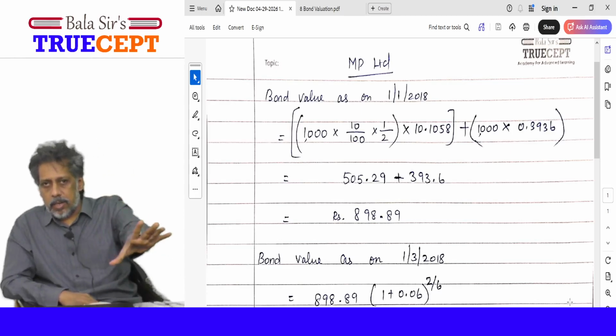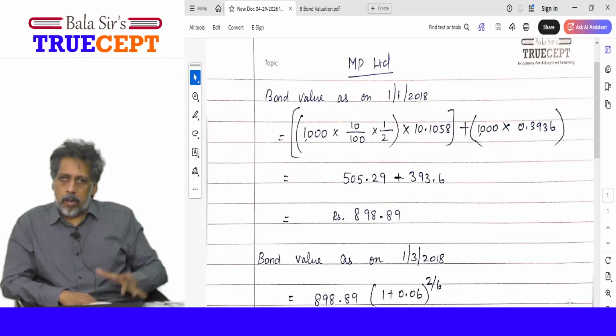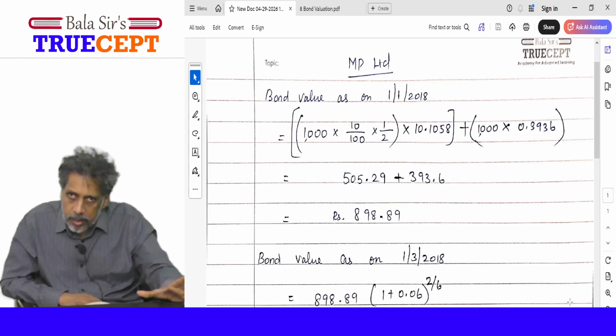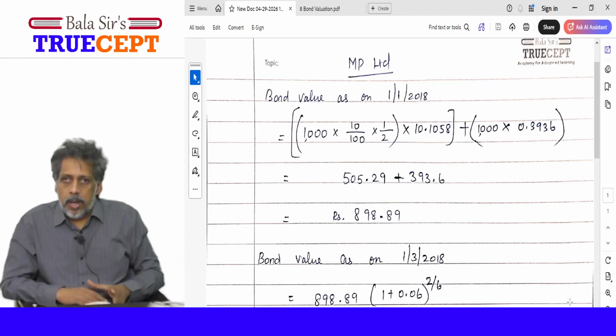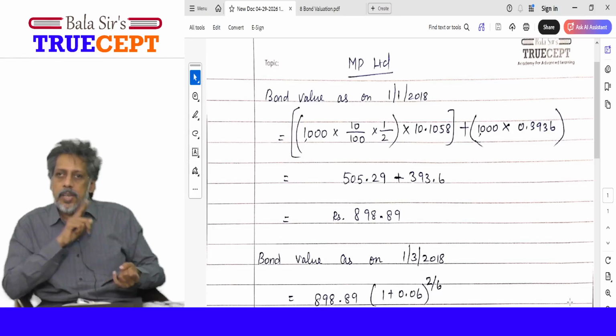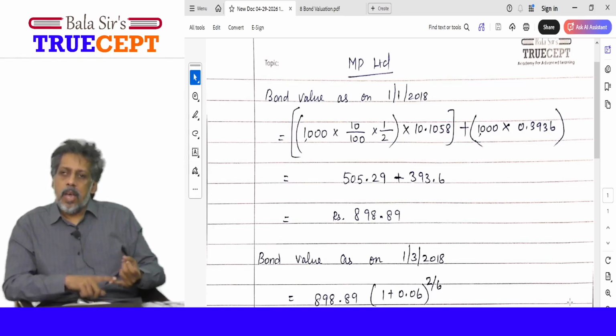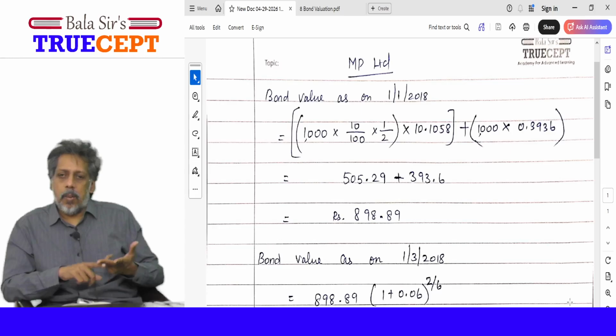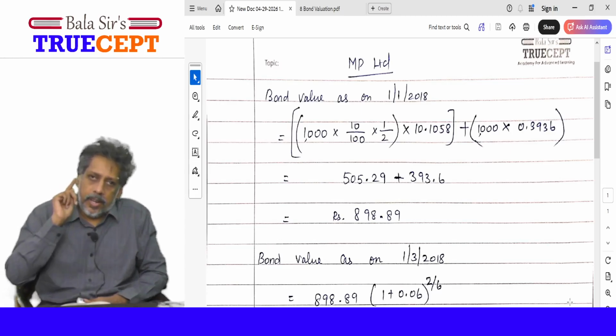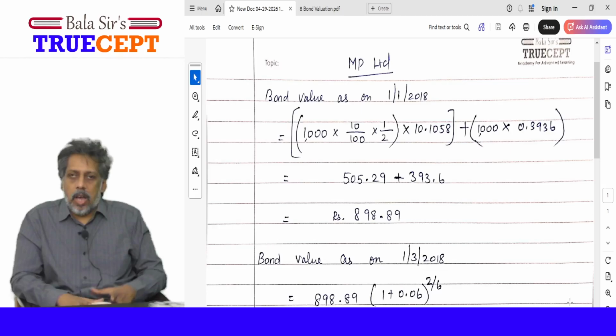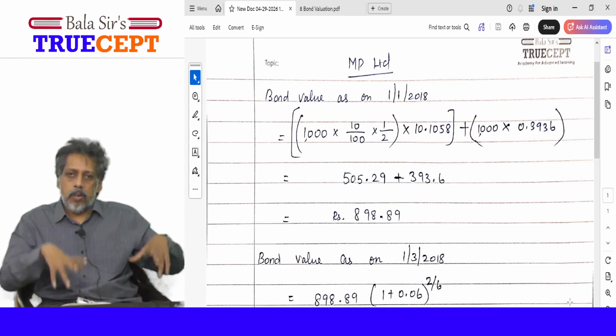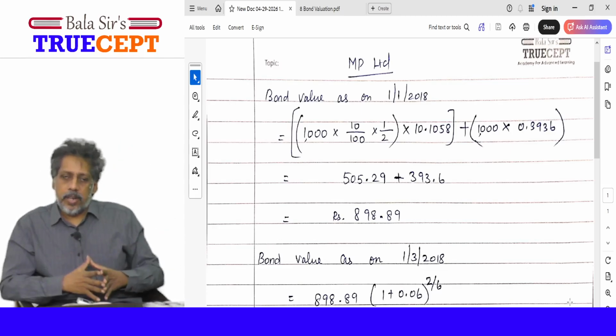But here, you want to buy the bond on 1st March. Now, let us first calculate the bond value as on 1st January 2018, and then we shall calculate the bond value as on 1st March 2018. Is that fine?